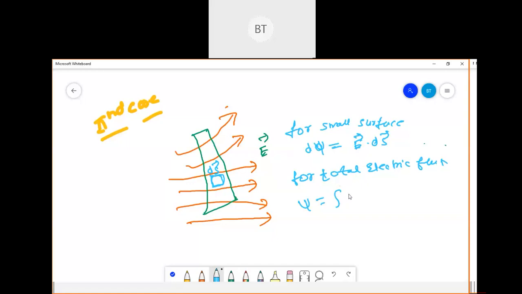So what I will write here is the integration of dΦ, that is the integral of E dot dS, which we already know. We have seen this in the Maxwell equation also, and we have solved some problems on it. So basically three cases will be there.